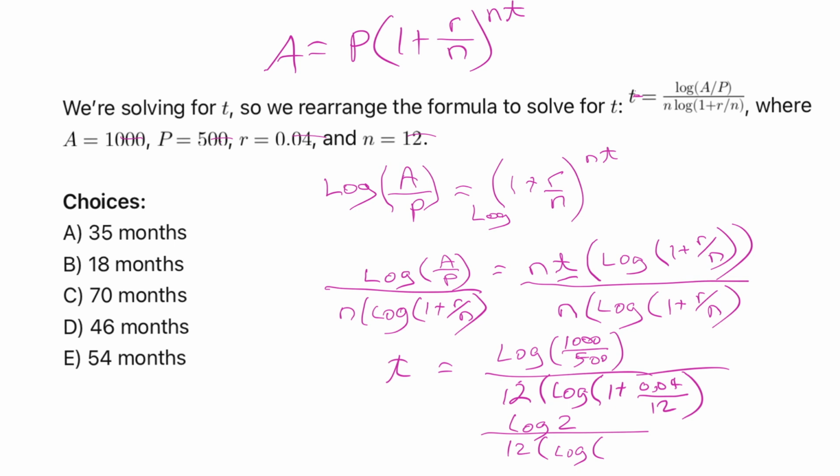So this is going to give me log of, and what I had was 0.04 divided by 12 is equal to 0.00333. Now we add 1 to that, and I get 1.00333.